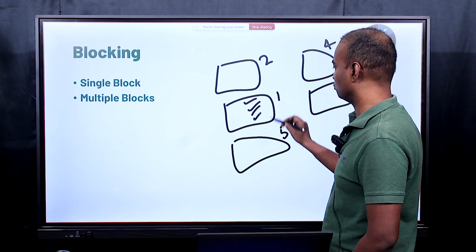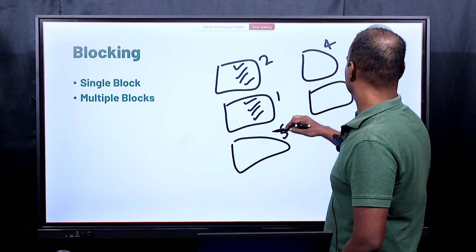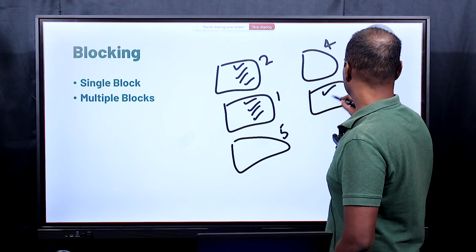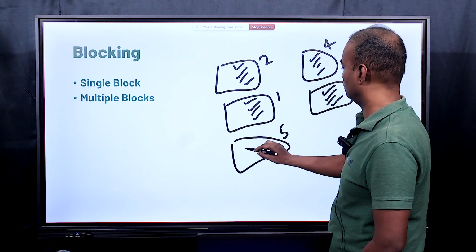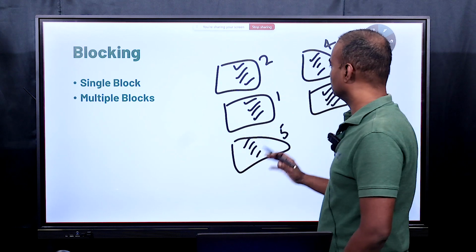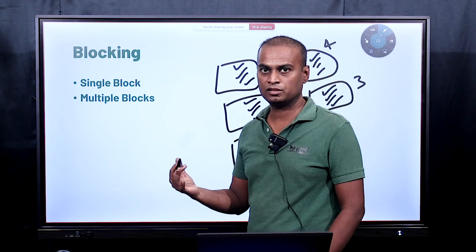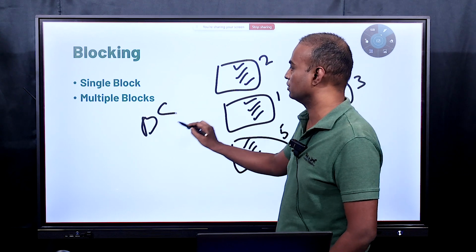Second patient, third patient, fourth patient. When the fifth patient comes, it goes to this block. Okay. When the eighth patient comes, then fourth block, then fifth block. So the blocks should be filled in the sequence. That is known as block sequence.